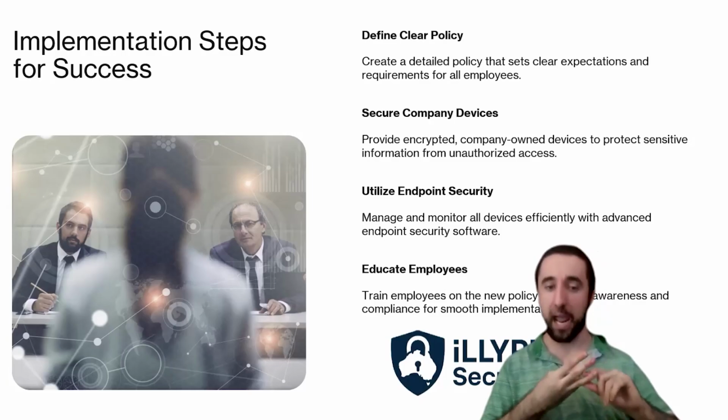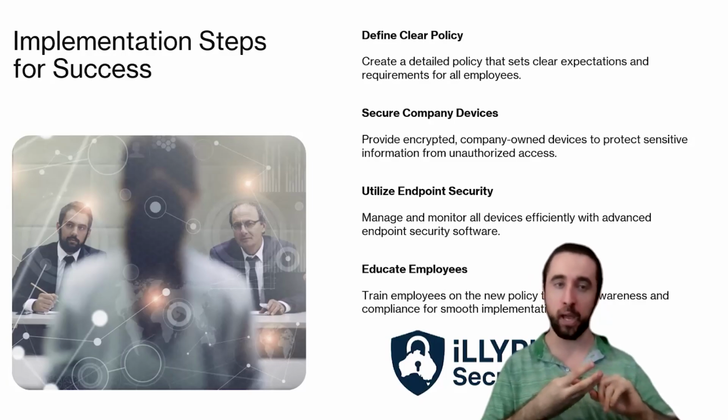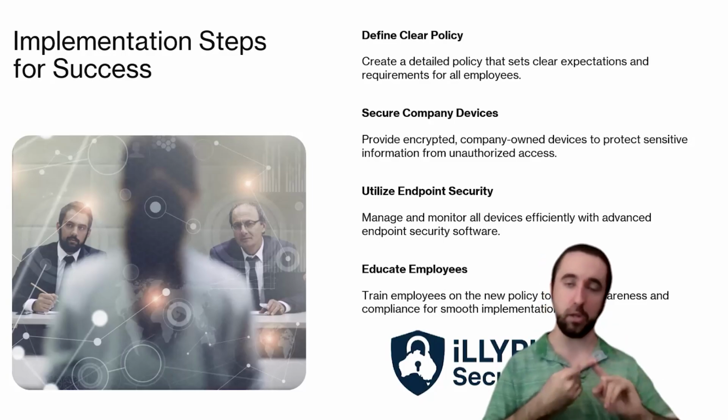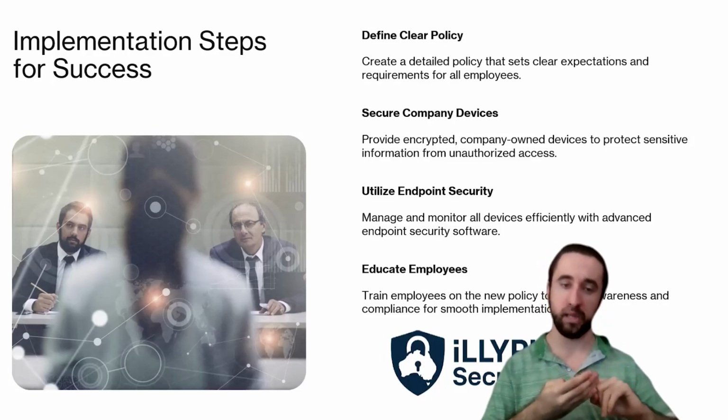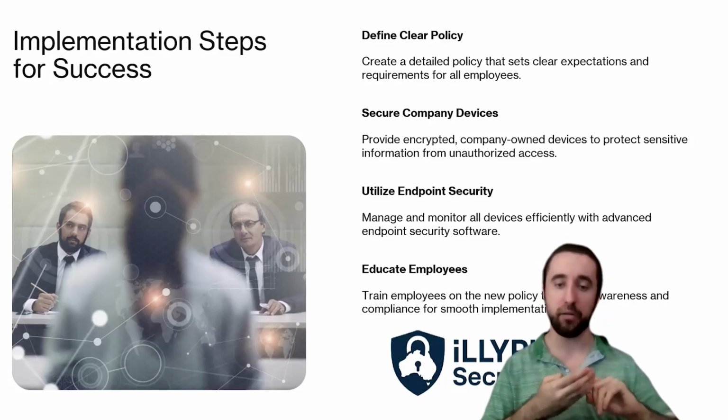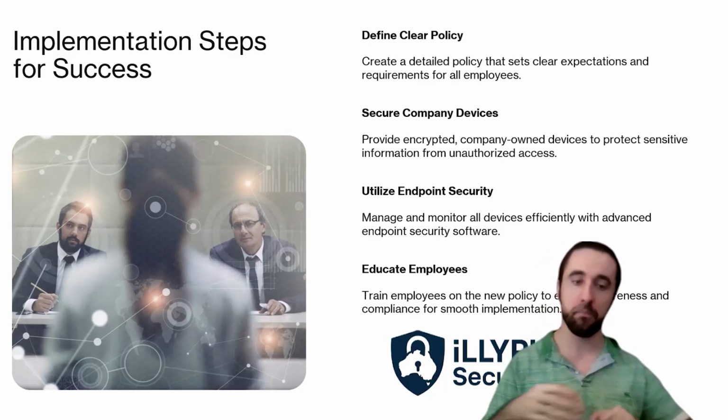Thirdly, use endpoint security software that supports USB whitelisting. Solutions such as Microsoft Intune, Symantec, or CrowdStrike. And lastly, educate your employees. Make sure that the staff understand the why behind the policy and know what's allowed. Successful implementation combines technology, policy, and people.